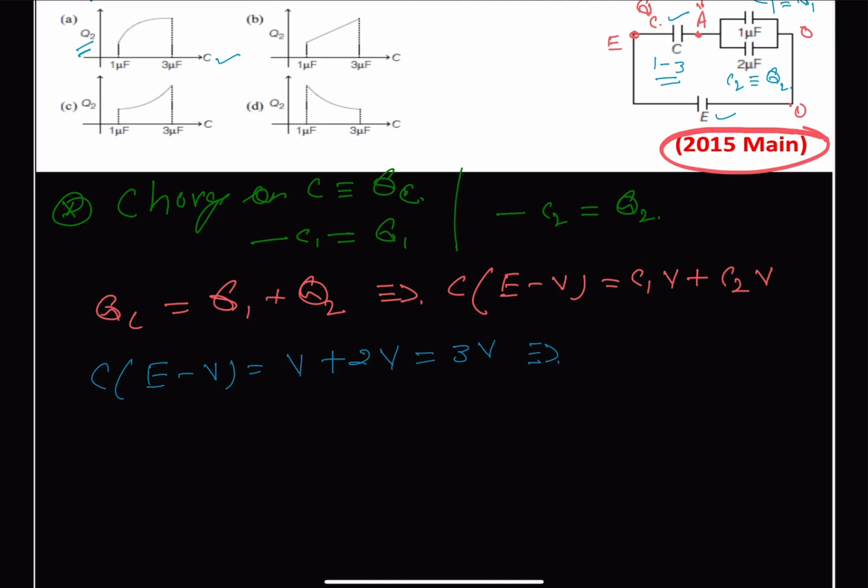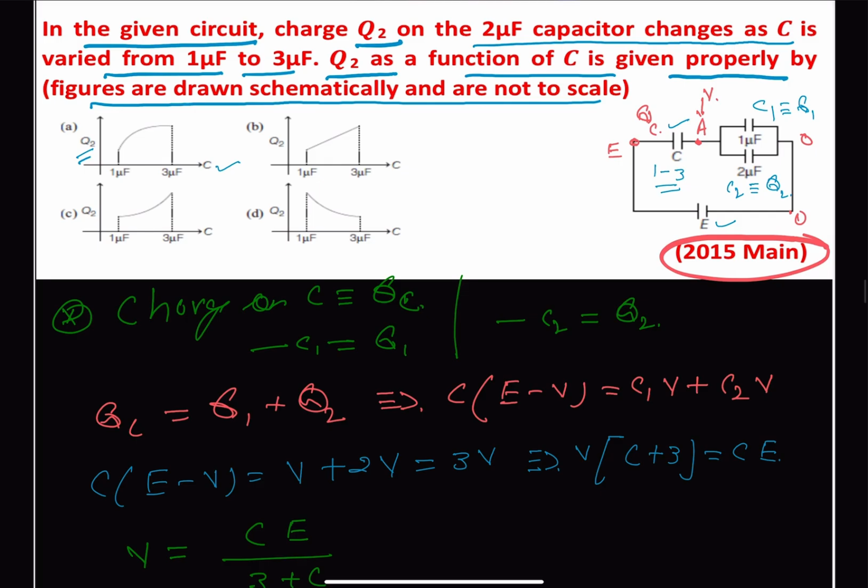Taking V common, this comes as V times (C plus 3) is equal to C times E. So we found that our potential V will be equal to C times E divided by (3 plus C). So the potential at C1 is V, and at C2 is also V, because it is V minus 0.